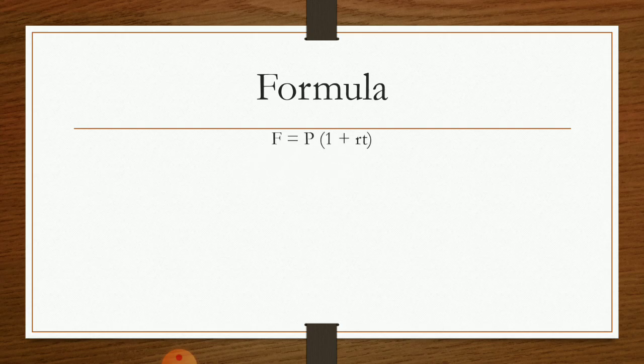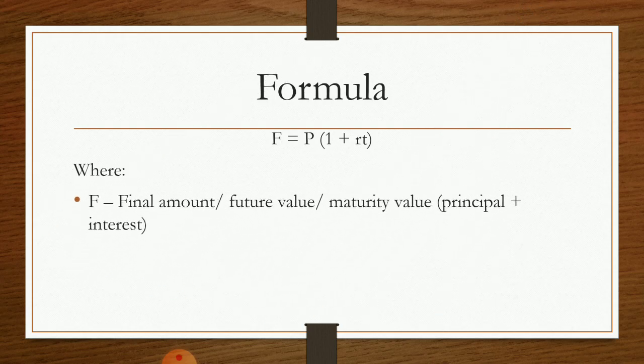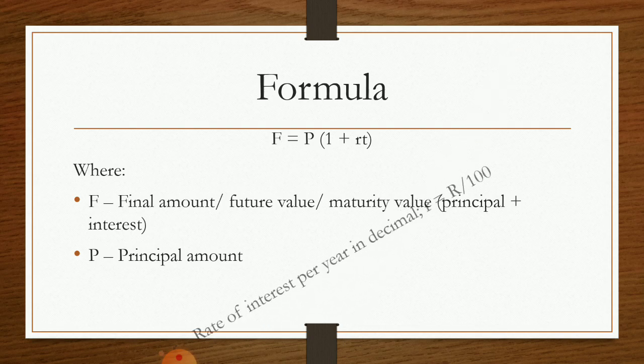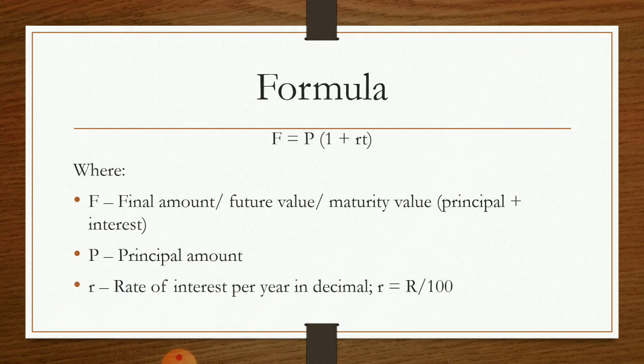So F is equal to P times the quantity 1 plus RT, where F is the final amount or the future value or the maturity value, which is the principal plus the interest. Then P is the principal amount, R is the rate of interest per year in decimal, and T is the time period involved in years.